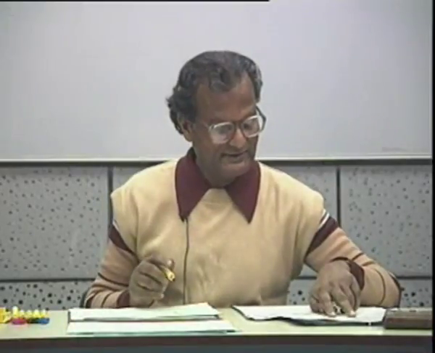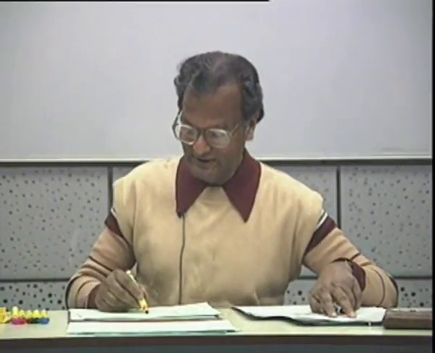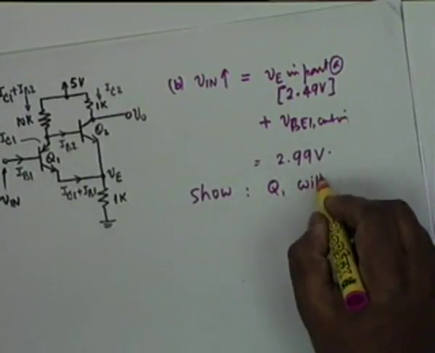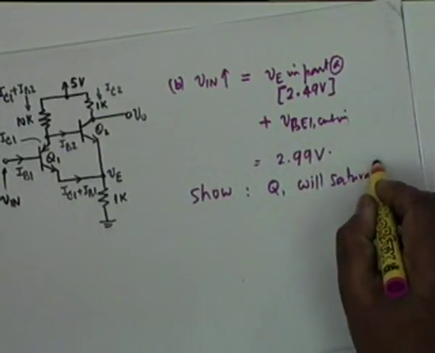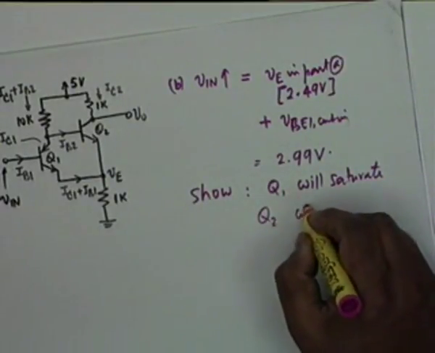And it says, show that Q1 not only will start conducting, it will saturate. Show that Q1 will saturate and Q2 will be off.